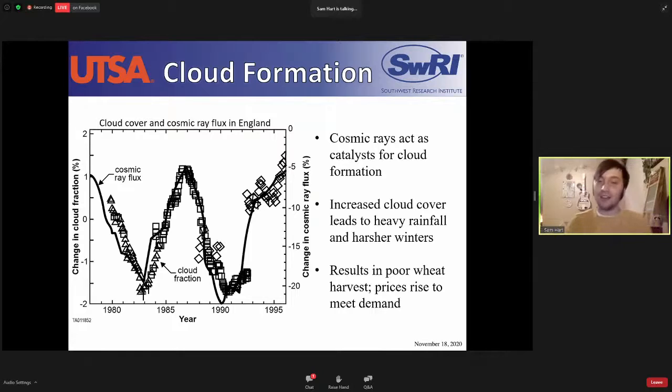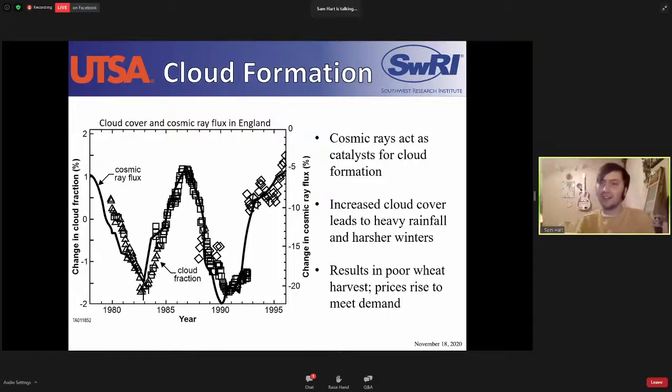And so what was going on in ancient England, in the 13th to 17th century, was that when there were no sunspots and they were getting hit by a lot of these cosmic rays as a result, they felt that in more clouds and more snow and more rain.